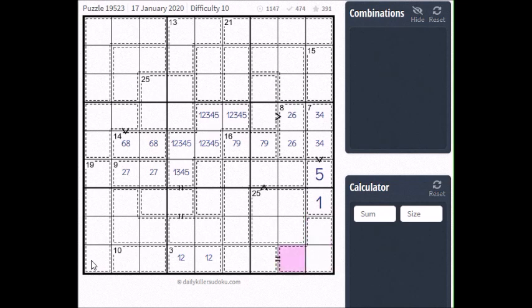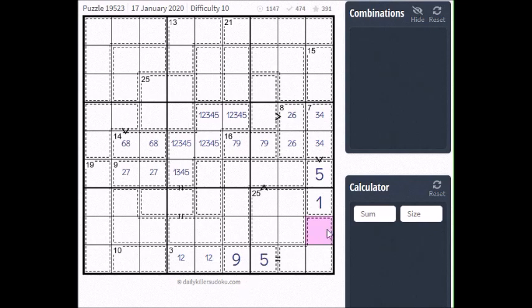So we've proved that this cannot be 13 or less, and it cannot be 15 or greater, so it must be 14. In this case, this would be a 5, 9, and here we would have a sum of 14.